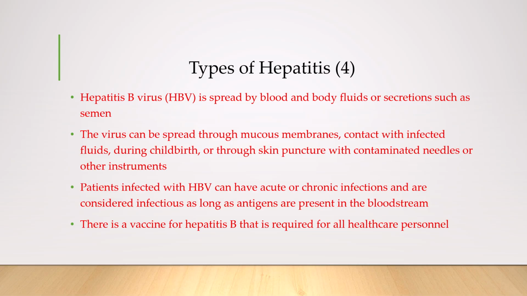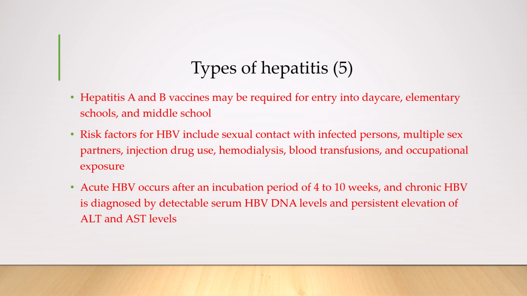So, when I'm talking about this, think about body piercings, think about tattooing. Patients infected with hepatitis B can have acute or chronic infections and are considered infectious as long as antigens are present in the bloodstream. There is a vaccine for hepatitis B that is required for all healthcare personnel. And ladies and gentlemen, you know this because you also have to receive the hepatitis B vaccine.